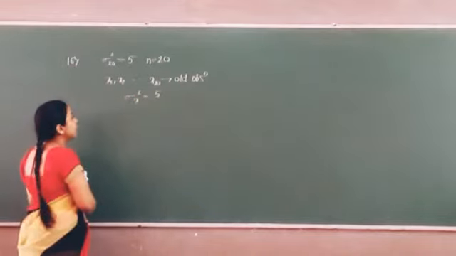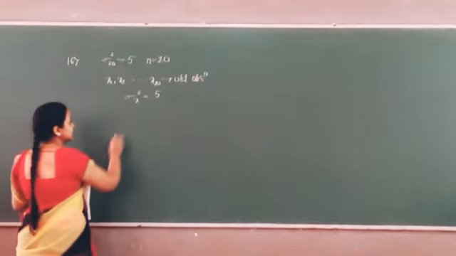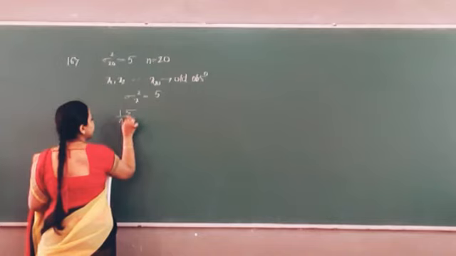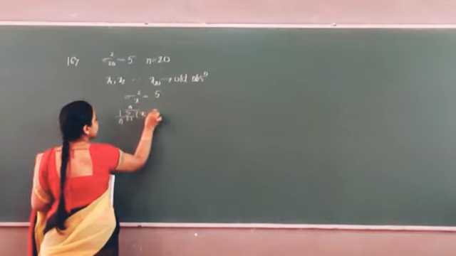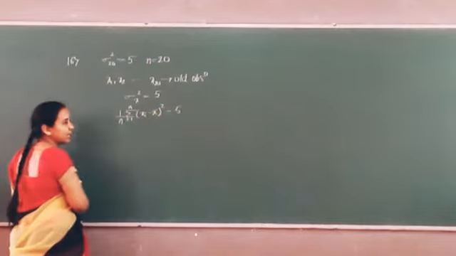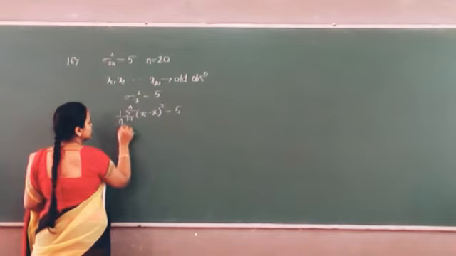Right. So now what is the formula for the variance? It is 1 upon n summation where i goes from 1 to n of xi minus x bar whole square is equal to 5. In our given question, what is n?